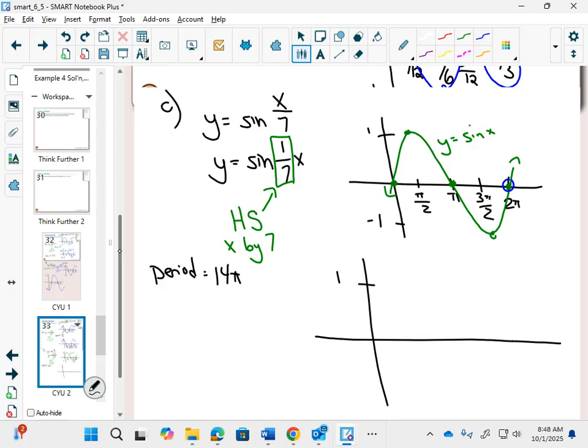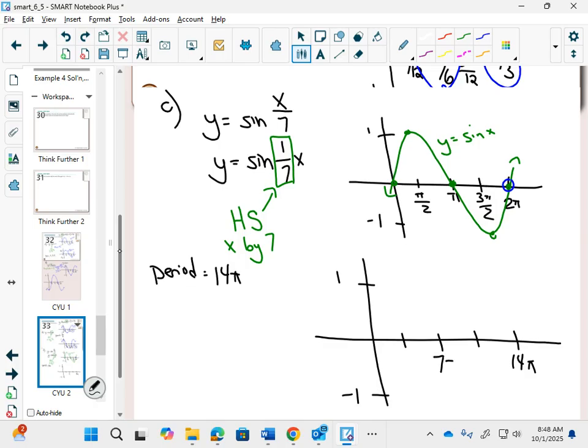So the shortcut for graphing sine of x over 7: you'd see your amplitude is still 1, so you'd go up to 1 and minus 1. And now your period is 14 pi, so I pick some random place on my x-axis and label 14 pi. Then I have to divide this into 4 equal sections. Cut it in half and then cut each of those in half. The easiest one to label will be the one in the middle. What's half of 14? 7.